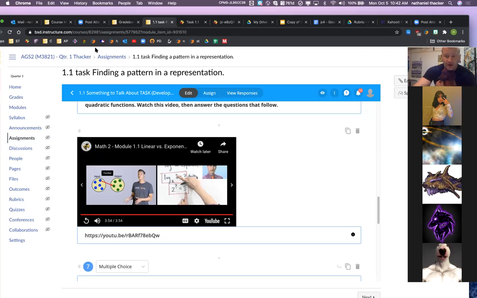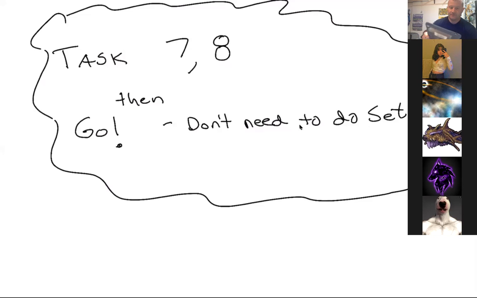Okay, so we're done. So here's what we need to do. You can stay if you want, or you can write this down and go. All right, Zoom share. There it is.